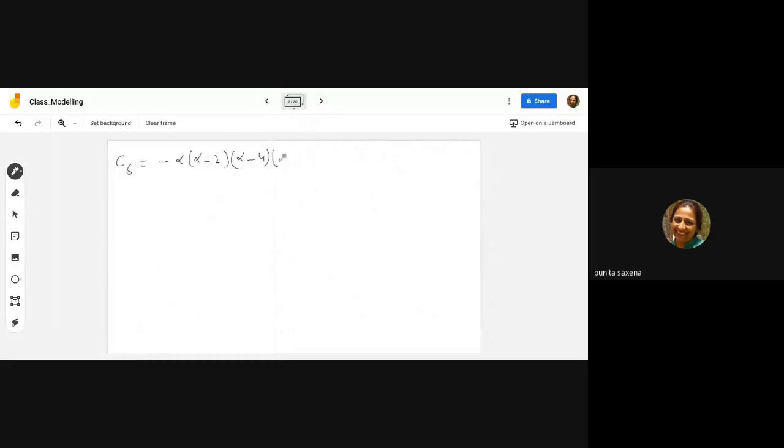So what should I have? The next plus term, alpha plus 5. Fine. Upon 6 factorial, C naught. Is this okay?